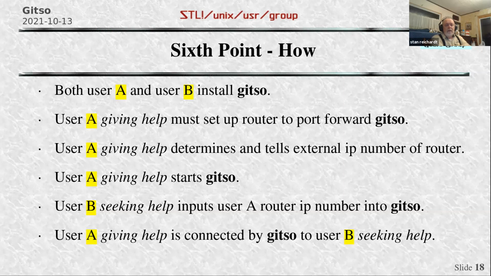He starts Gitso, and then the person on the other end, the one seeking help, inputs that router IP number into Gitso, and the person giving help is then connected by Gitso to user B, the one seeking help.